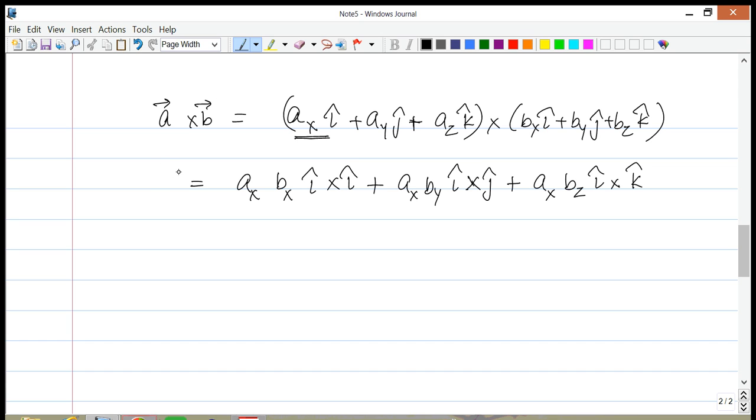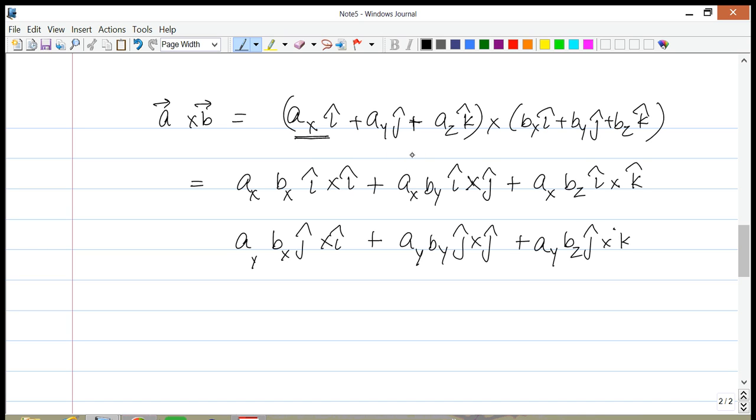Now let's do the same for the J term. The next one is AY BX times J cross I, plus AY BY times J cross J, plus AY BZ times J cross K.